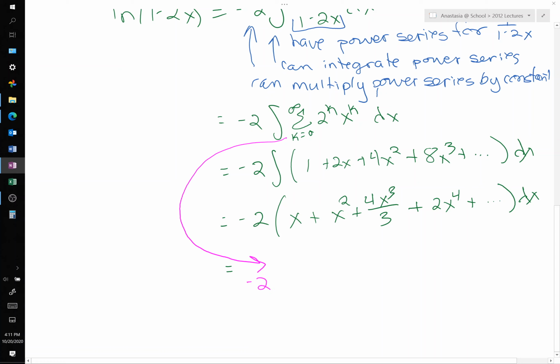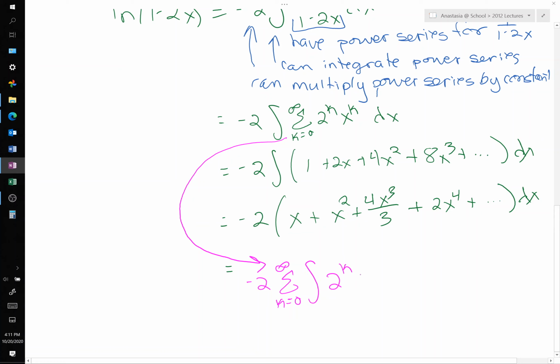So we have negative 2. We are integrating with respect to x, which means that everything except for the x is considered constants. This sum notation, the sigma notation, is just a succinct way of writing a sum, and we know that we can integrate term by term, so that means that we can actually pull the sum outside of the integral.